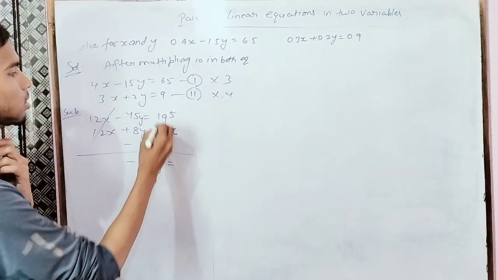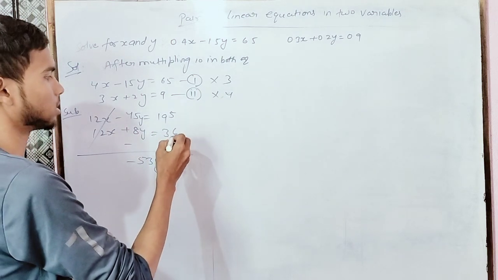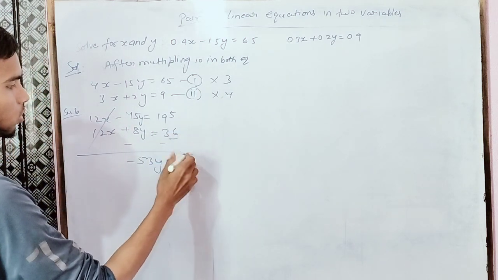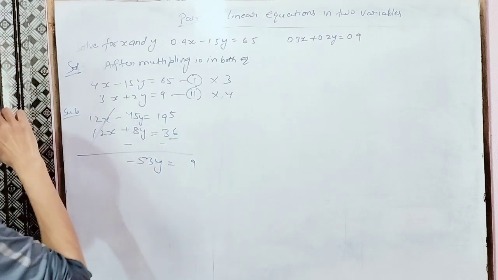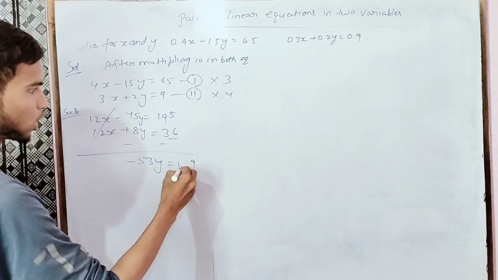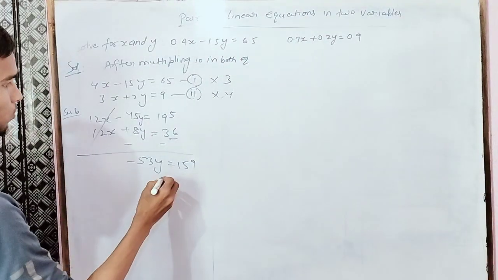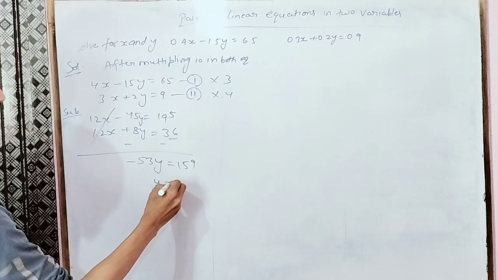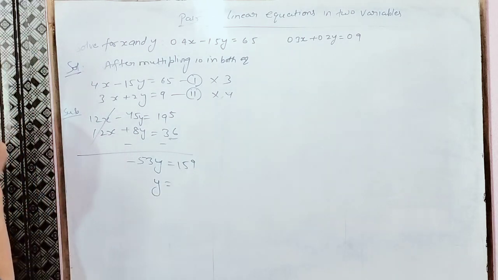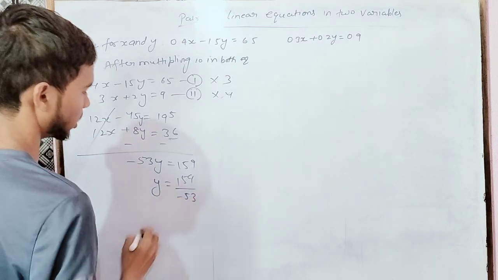Okay, and here plus minus. So we will subtract this from this. So here is 9 and here is 18. So we have 159 upon minus 53.